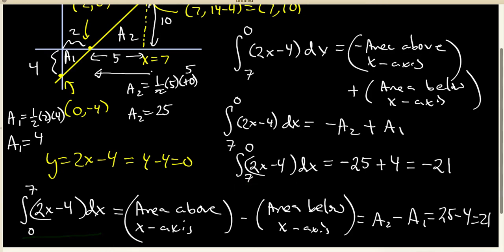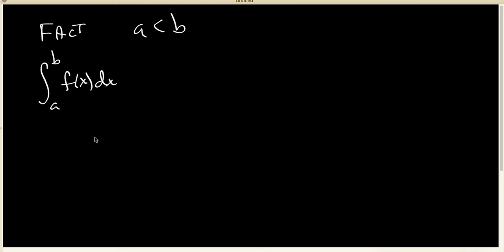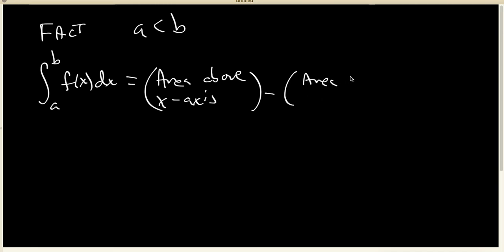And so I want to make that observation as its own particular fact. So, a basic fact. If I integrate between a and b of f of x dx, and here we're going to let a be less than b, then this is going to be the area above the x-axis, subtract off the area below the x-axis.